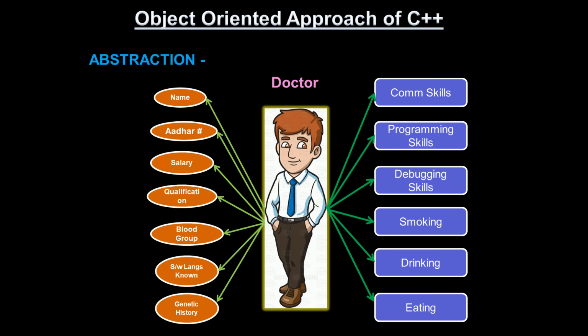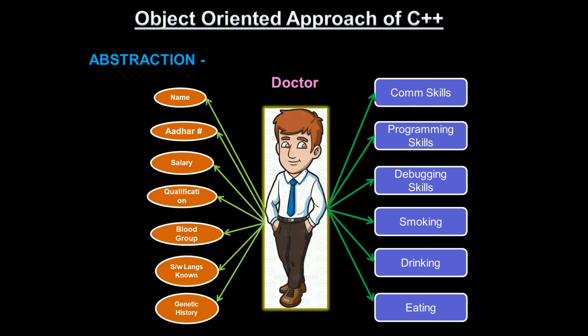Now salary, qualification, software languages he knows are not required, because if you know C, I will give penicillin; if you know C++, I will give something else. Your medicine and treatment won't be decided on the software languages you know, or the qualification you have. It will be based on your problem, not on your software languages.